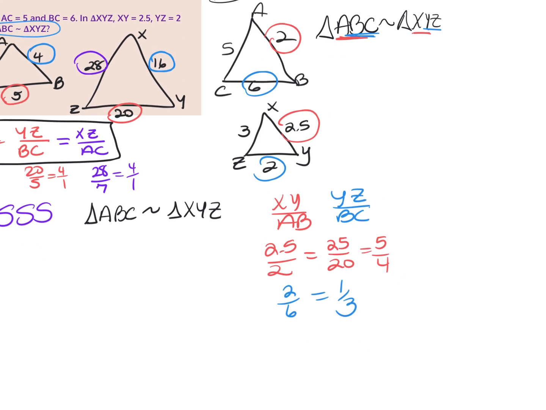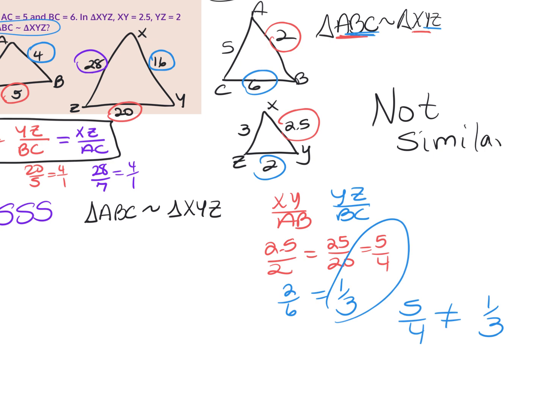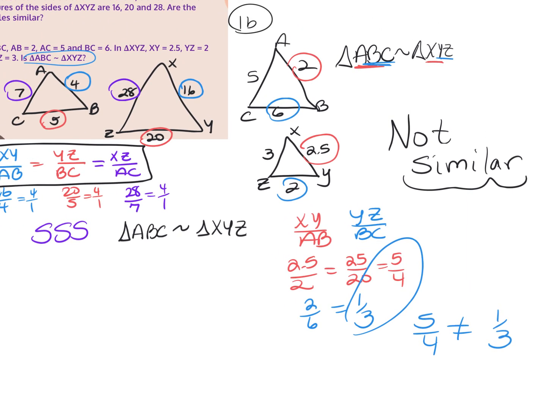Soon as you find two fractions that are not equal, you're going to stop and say that these two triangles are not similar because the sides are not proportional. They do not simplify to the same ratio. And I knew nothing about angles, so I couldn't go back and even try to do anything with an angle.